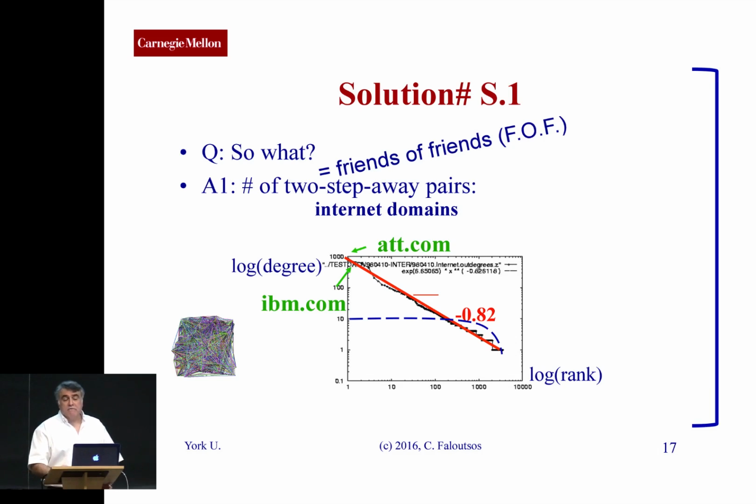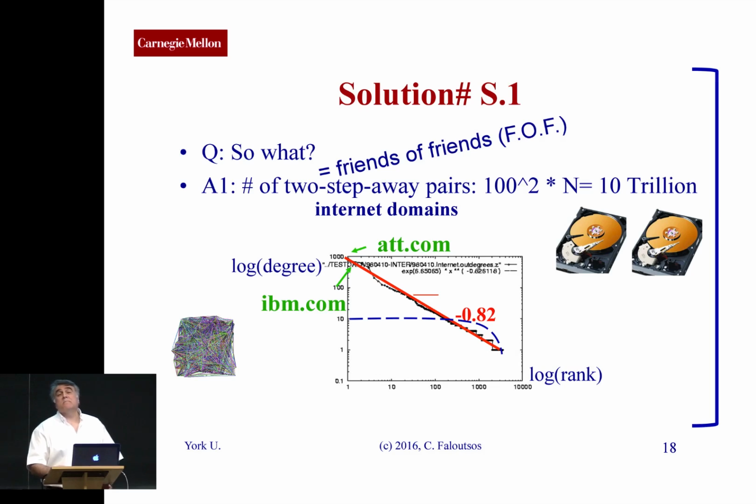If we do a back of the envelope calculation with the Gaussian assumption, let's say that the average is 100 friends, so each of the 100 friends has 100 more, so 100 squared, right? So every person should have 100 squared two-step away friends. We have 1 billion people total. Therefore, do the math, it's about 1 trillion, so this would fit in a few disks, right? The math is right, the assumption is wrong.